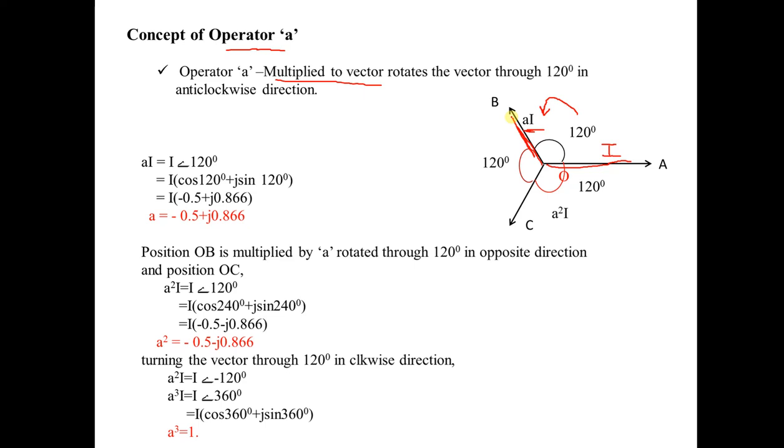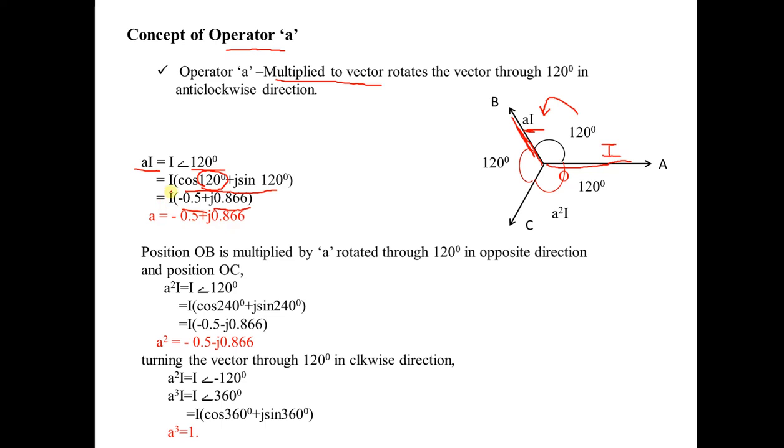So for the first one, AI, the angle is 120 degrees. We all know the basics, cos theta plus j sin theta. Here we are assuming 120 degrees, so cos 120 plus j sin 120. The value of cos 120 is minus 0.5, and sin 120 gives j 0.866.